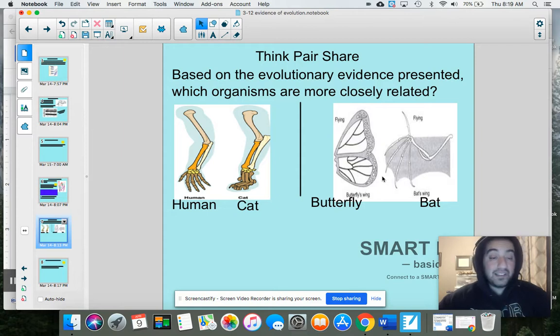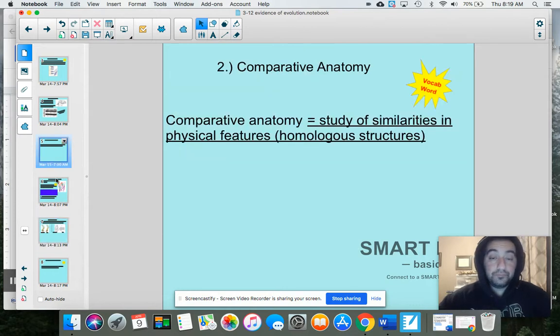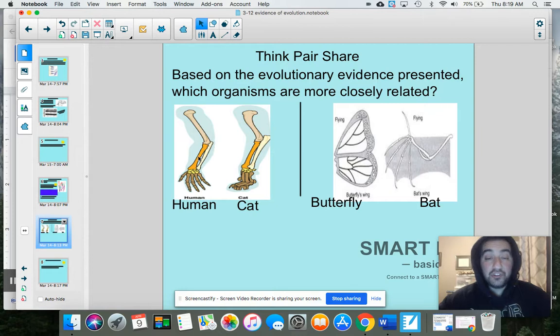So we could say that comparative anatomy supports that the human and the cat, or the butterfly and the bat, came from a common ancestor because they have homologous structures.